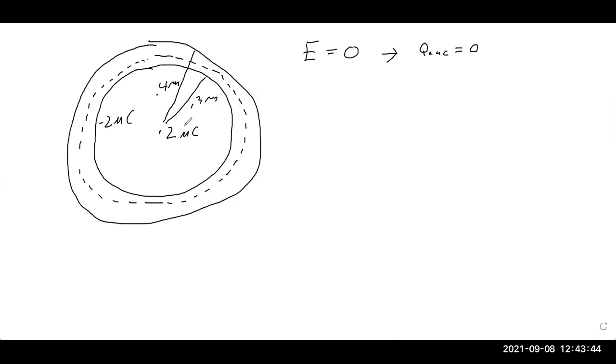And if there was a net charge of -3 microcoulombs, and we've got -2 on the inner surface, well, the other charge needs to be on the outer surface. So it's going to carry -2 microcoulombs on the inner surface and -1 microcoulomb on the outer surface. That's the only way to get exactly no electric field anywhere within the volume.